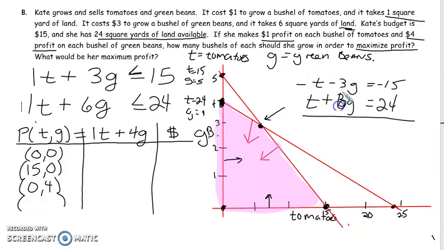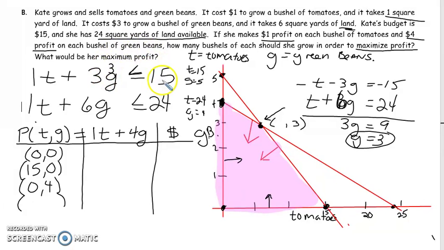Oops, that's supposed to be 6g. Cancels. 3g equals 9. g equals 3. So I knew my g was 3. I was right. That is something comma 3. My trick is I got to plug the 3 back in up here. So 3 times 3 is 9. Subtract that over.